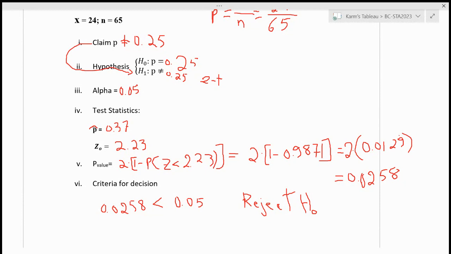What do you think the conclusion will be? The claim was with H1. You can say enough evidence to support the claim that. Perfect.